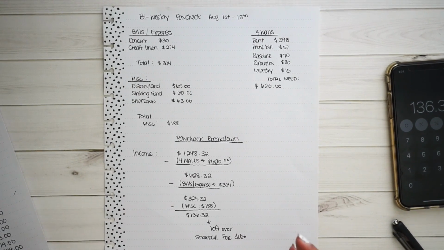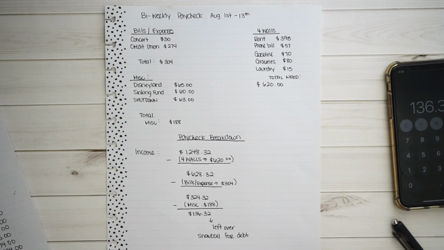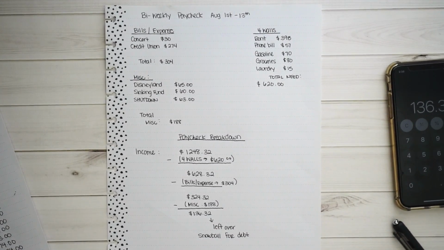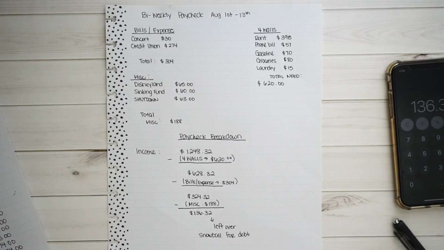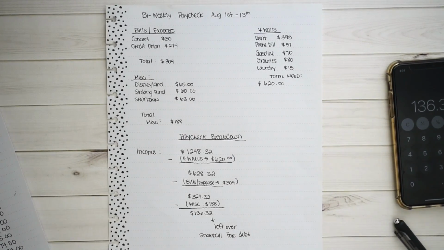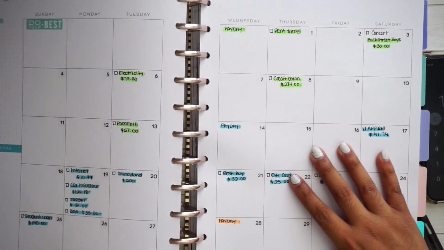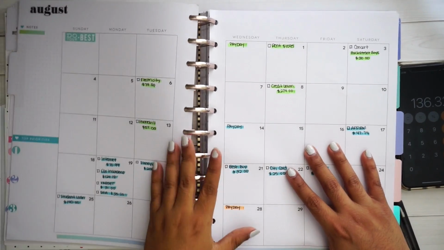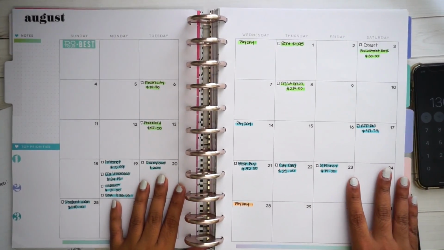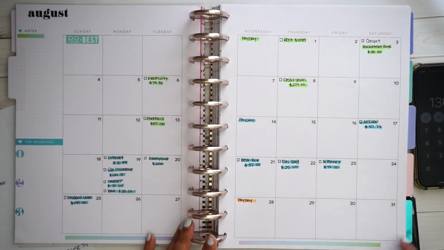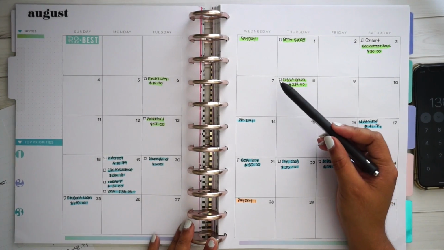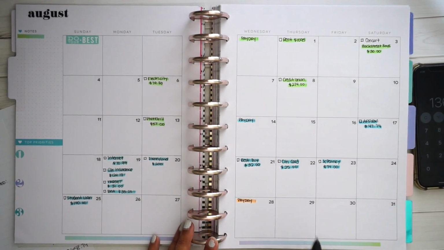You can break down your paychecks 4 or 5 times depending how you are paid, once or twice, however you're paid. But most importantly, when you are considering everything, make sure that you always go back to your month calendar and you're checking off that things are getting paid, because sometimes you get so confident that you might forget, like, hey, you know what, I really did not pay that one, and that one's not checked off.